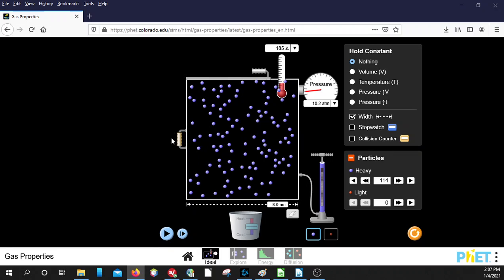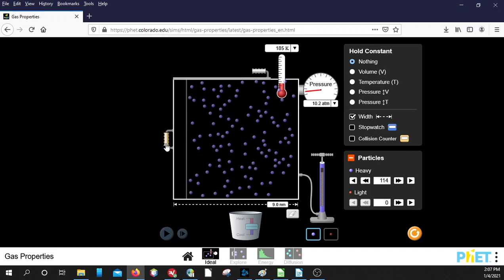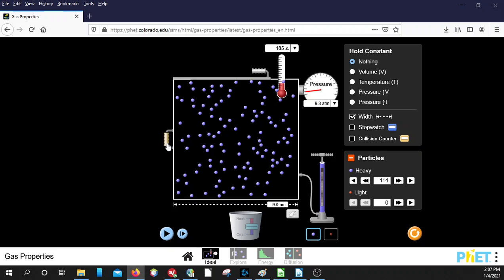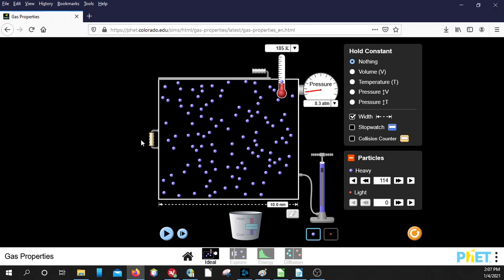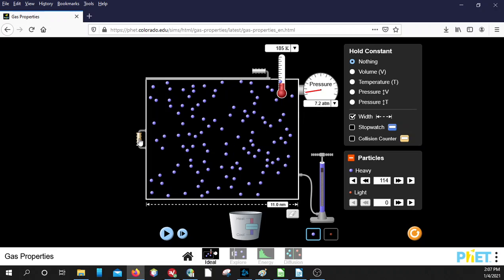I'm going to go up to 8 nanometers, that'd be 10.2. All right, so while I'm taking this measurement, I guess I could talk about what we're going to be doing with this kind of data that we're collecting.